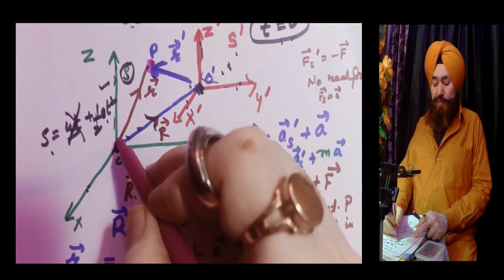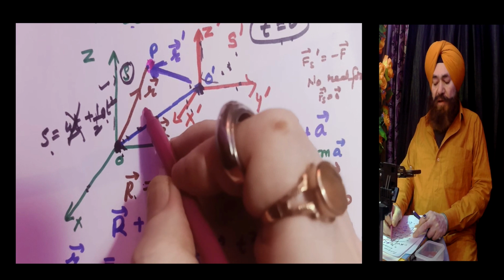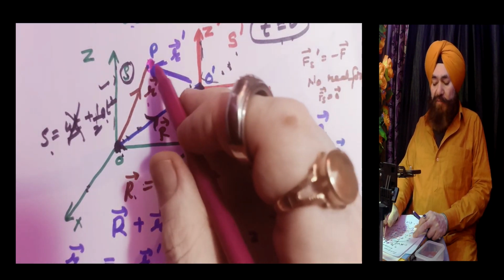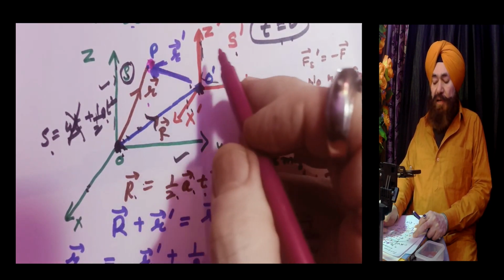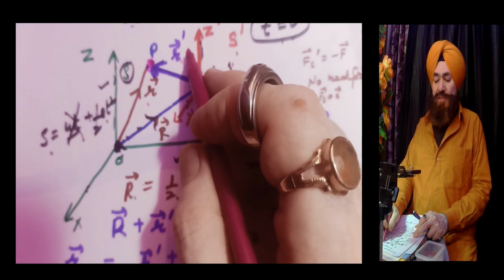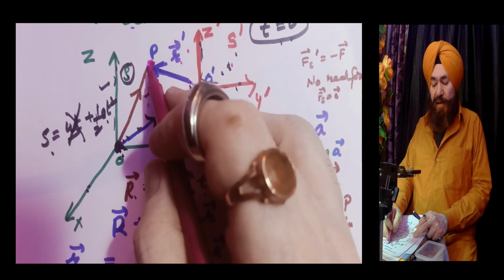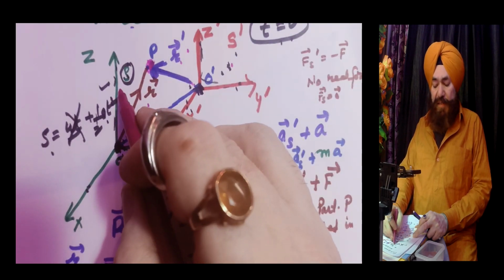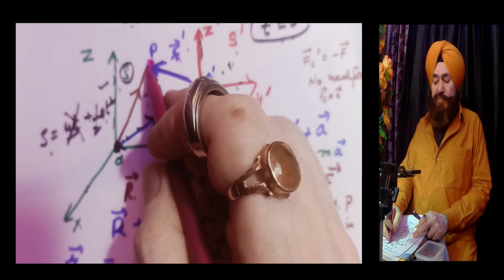The particle observed from S has position vector r.